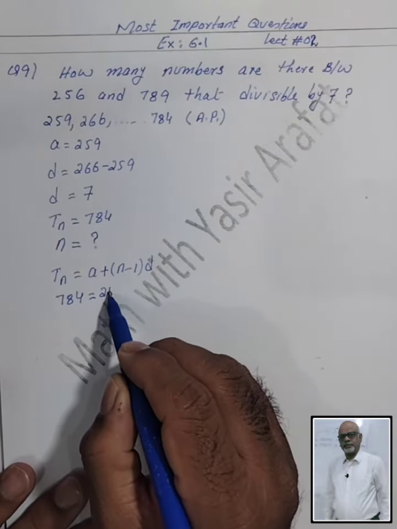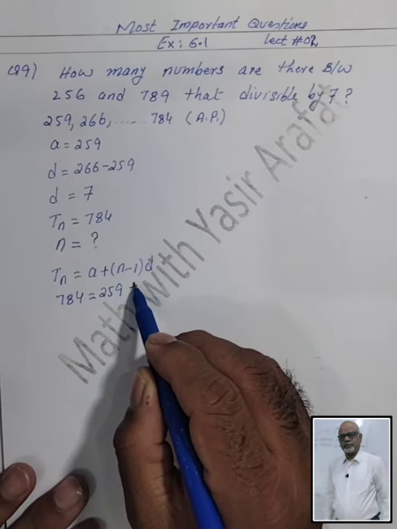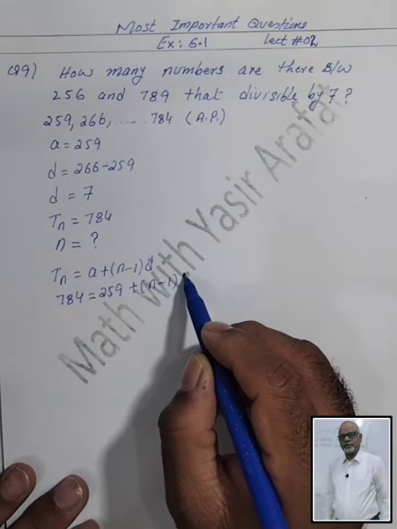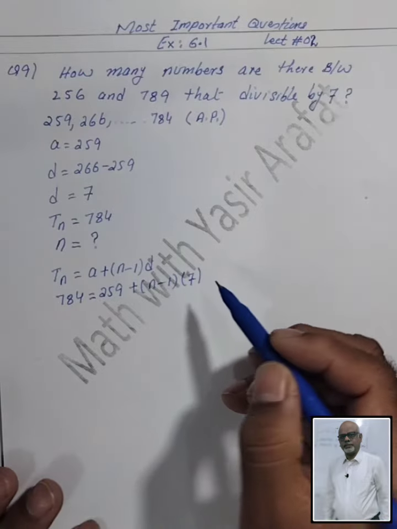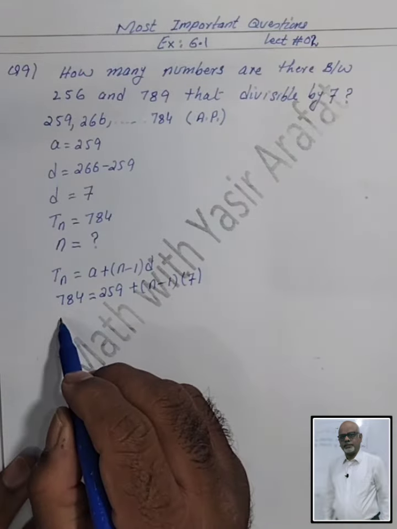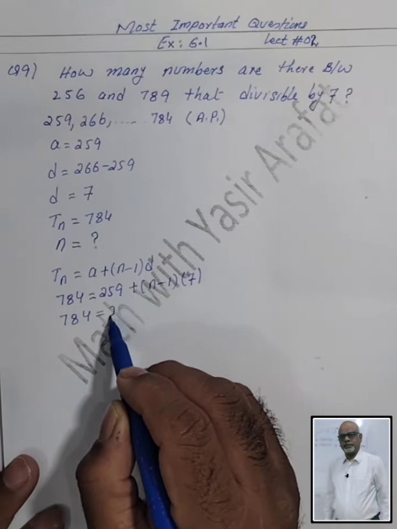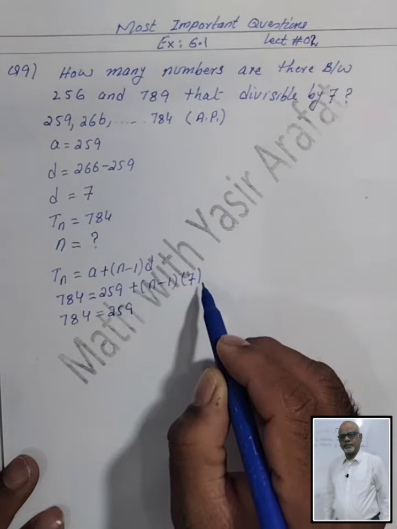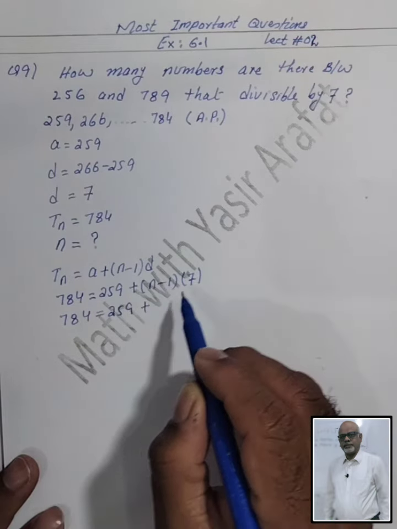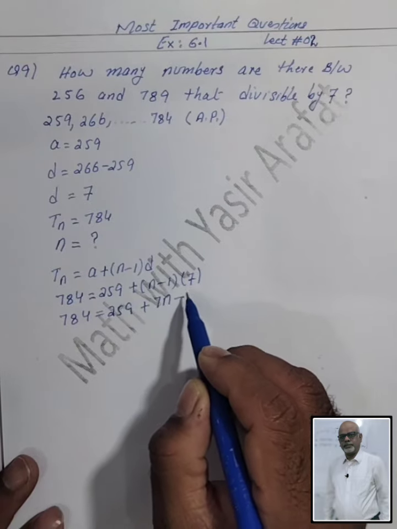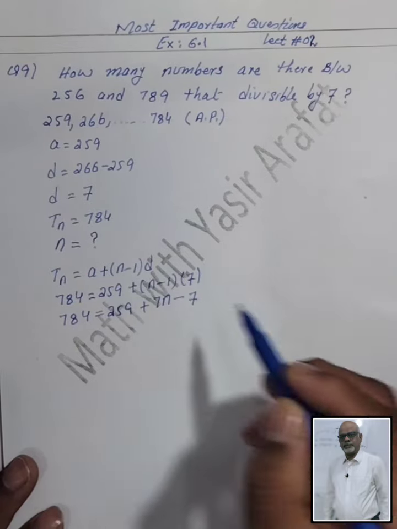A is 259, plus n minus 1, and D is 7. So 784 equals 259, and we multiply the 7: 7 multiplied by n gives 7n, minus 7 ones are 7.